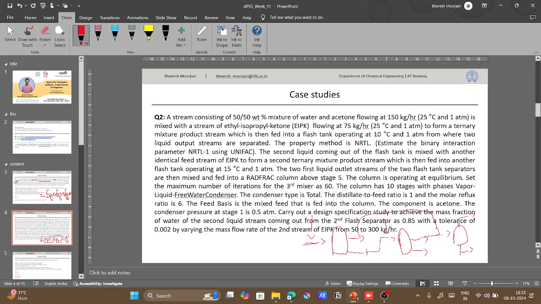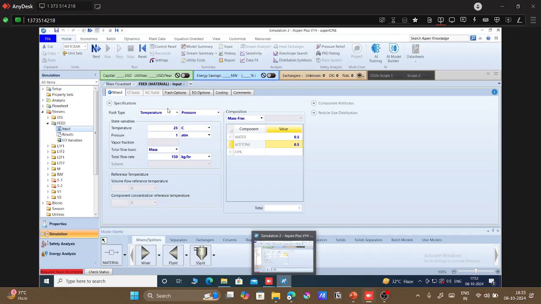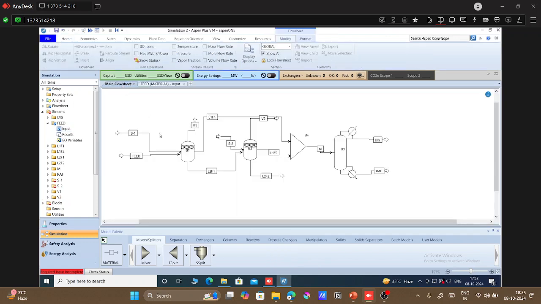Yeah, so we had added the feed details. Now EIPK. So EIPK is flowing at 75 kg per hour and at the same condition. So we have two EIPK streams, solvent 1, S1. So let's add it here.